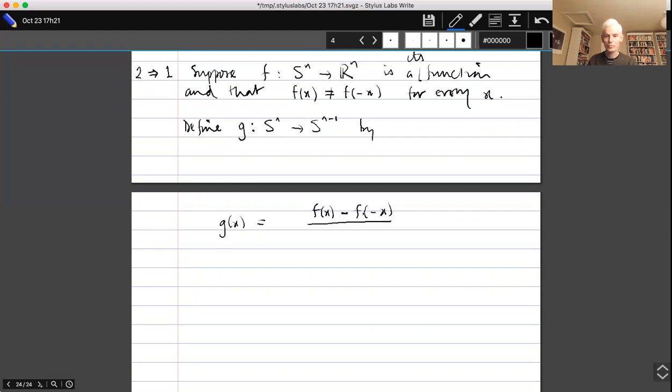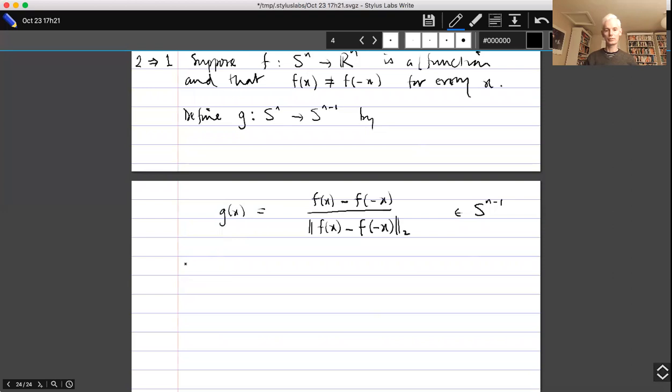Now, one thing we know about f(x) minus f(-x) is that it is not 0, because we were assuming that for no x is it the case that f(x) equals f(-x). So that's a non-zero vector, so it's got a positive L2 norm, so we can divide by that positive norm. And then we've got a vector of norm 1, so that really does belong to Sn-1. So recall that Sn-1 is the set of unit vectors inside Rn.